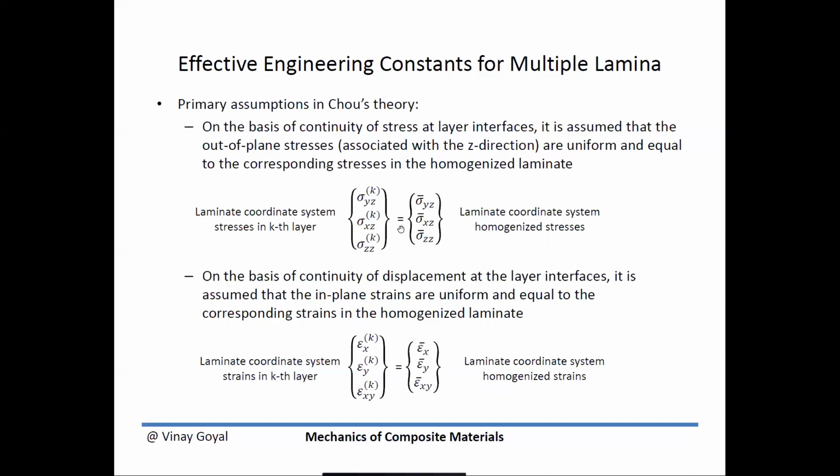So two very fundamental assumptions in Chow's theory. One, that the through thickness stresses in every ply are equal to a single stress set that represents the whole laminate stack. And second, that the in-plane strain from lamina to lamina does not change and is equal to the in-plane strain for the whole stack. So those are the first two assumptions.